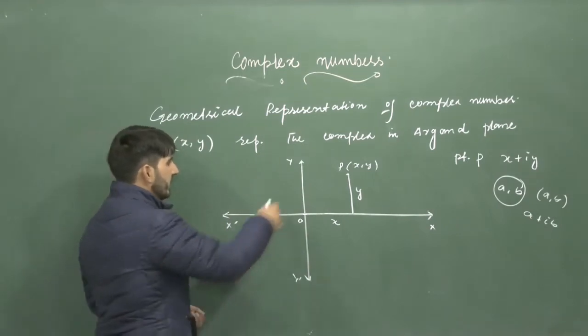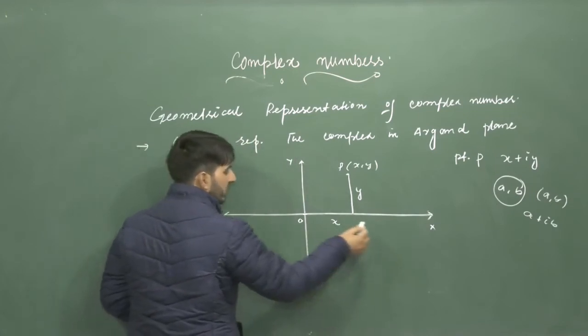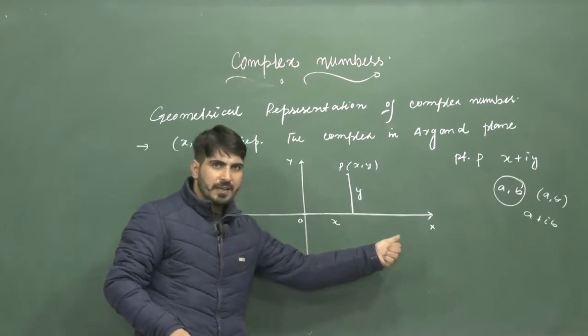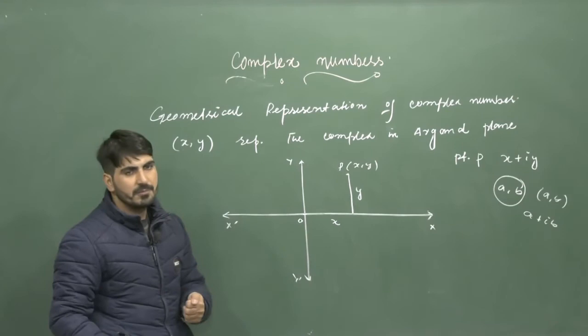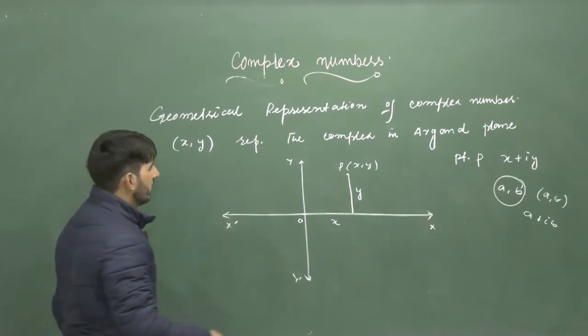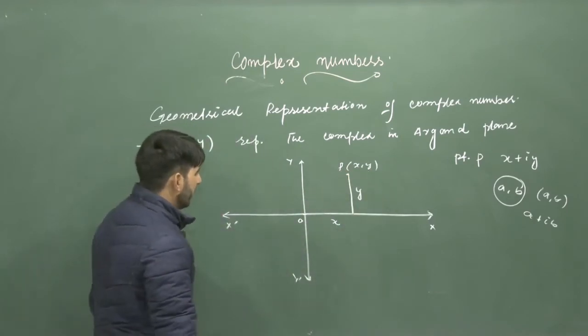That is why the y-axis is known as the imaginary line and the x-axis is known as the real line, because real numbers are taken along the real axis and imaginary numbers are taken along the imaginary y-axis. So (x, y) represents the complex number x plus iy.